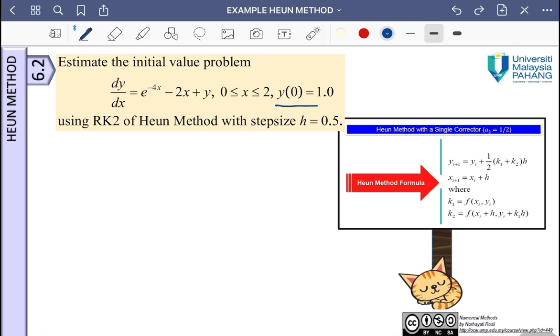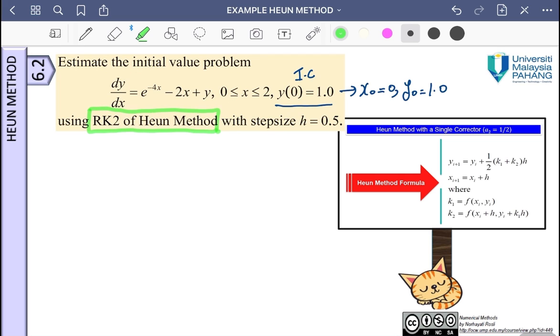Given here are the initial conditions: x0 equal to 0, y0 equal to 1.0. You're asked to use RK2 with the HEUN method, and the step size, delta x, is equal to 0.5.